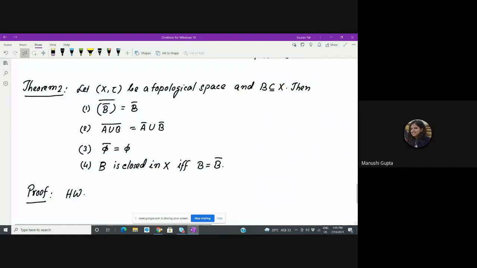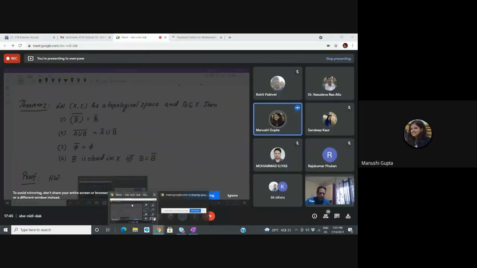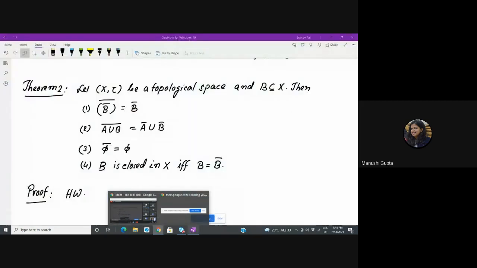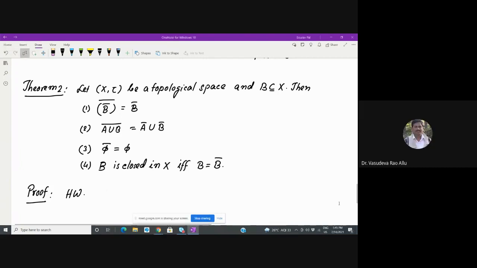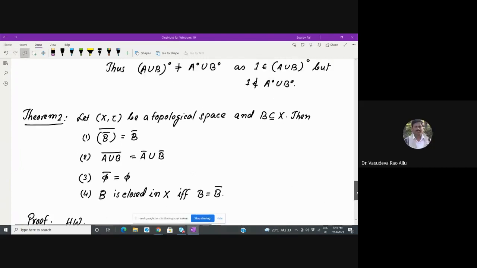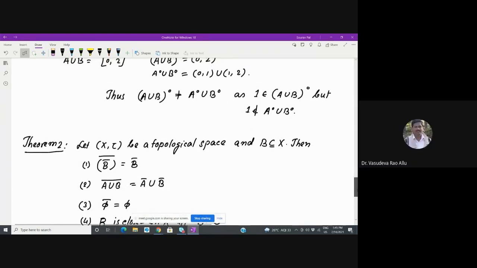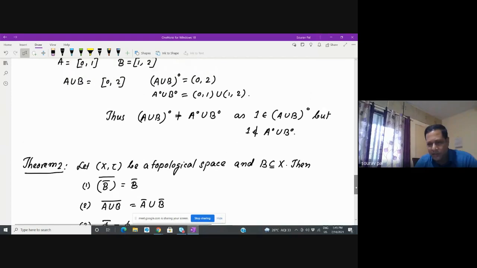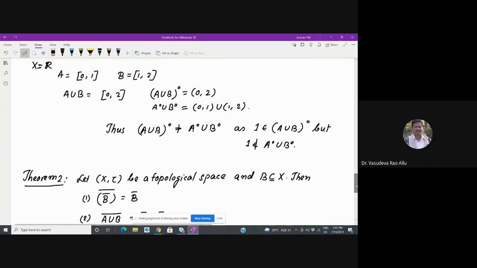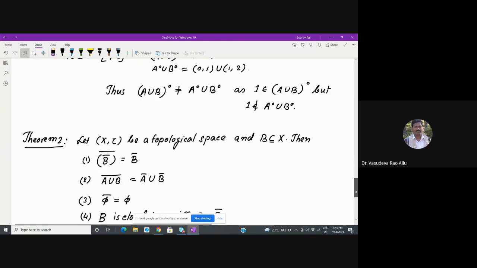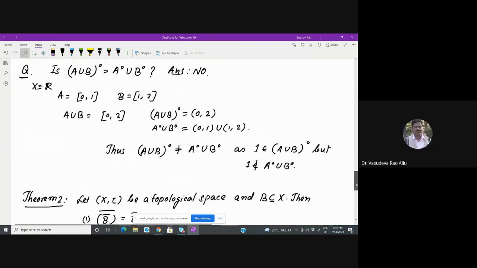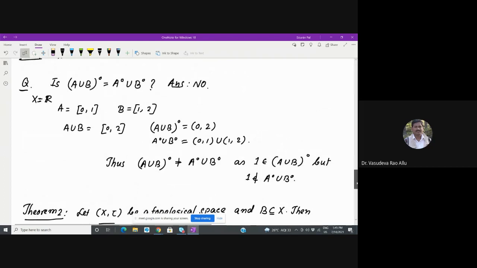I'm just saying for the above question, we can write that the union of interiors is contained in the interior of the union. We can make that point. No, that will come later; the speaker will explain. I did not get the question. Please explain it to me. She's asking about the union of these interiors. Am I right, Manushi Gupta? Yes, sir.